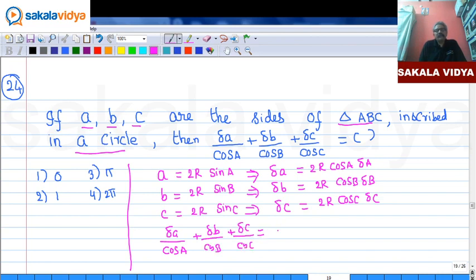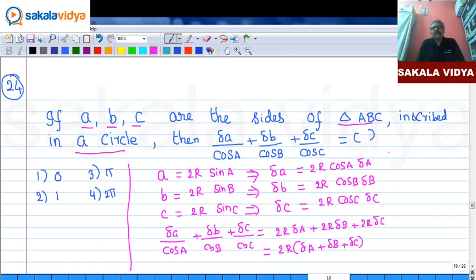That is equal to 2R delta A plus 2R delta B plus 2R delta C. 2R common, we have delta A plus delta B plus delta C.